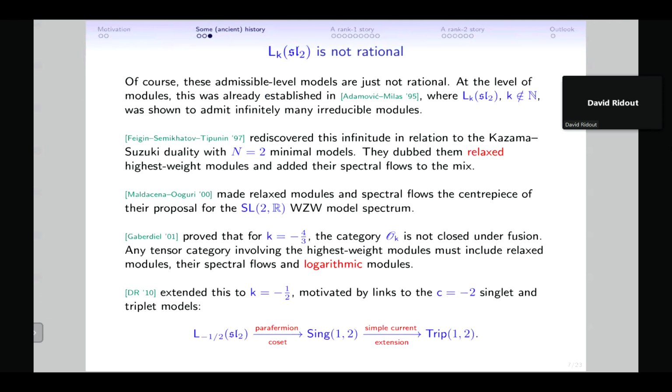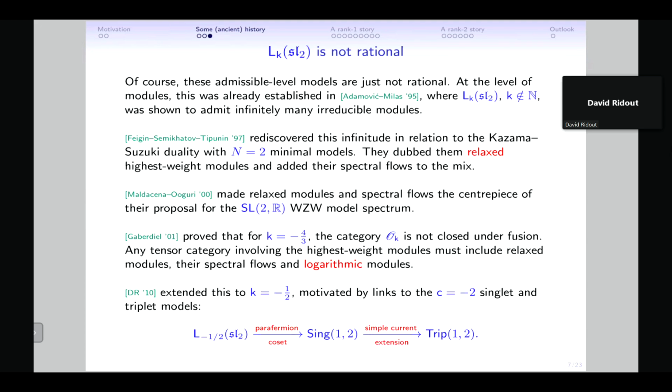You have to start with something a lot more general. They call these things relaxed Verma modules. More generally, we get the notion of a relaxed highest weight module, which I will talk about shortly. They also added what are called spectral flows of these things to the mix. So essentially, in order for Kazama-Suzuki to work as an equivalence between categories of modules, you have to start on the affine VOA side with relaxed highest weight modules and their spectral flows.